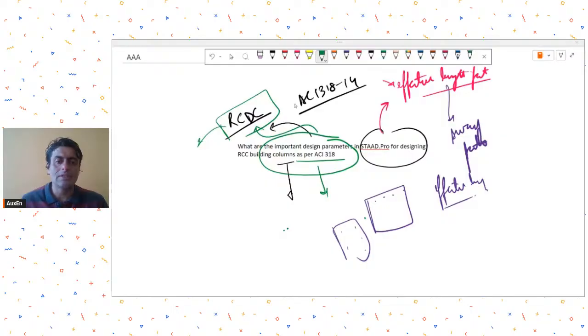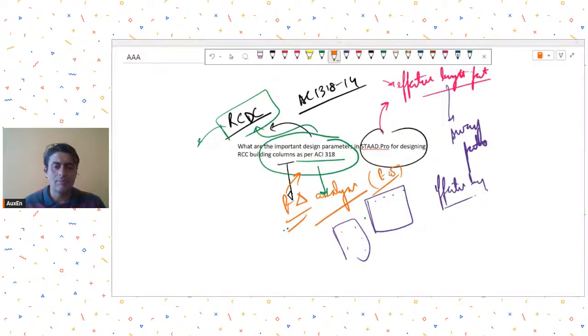So the analysis part you do in StatPro, and then take it to RCDC for the further design part. One thing I forgot, P delta analysis you also need to run in the software. StatPro is able to do this well. So you run the P delta analysis, P delta with P small delta as well.